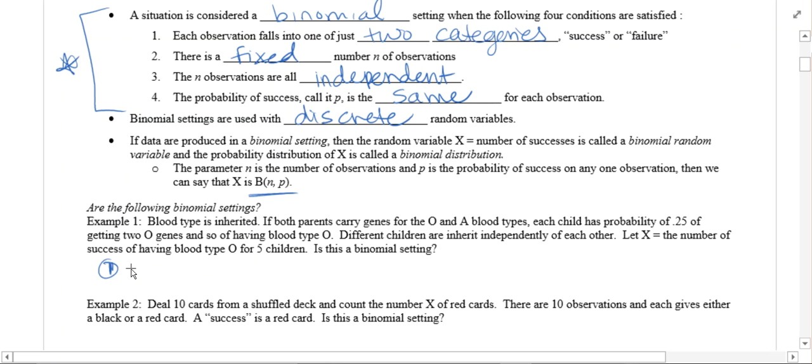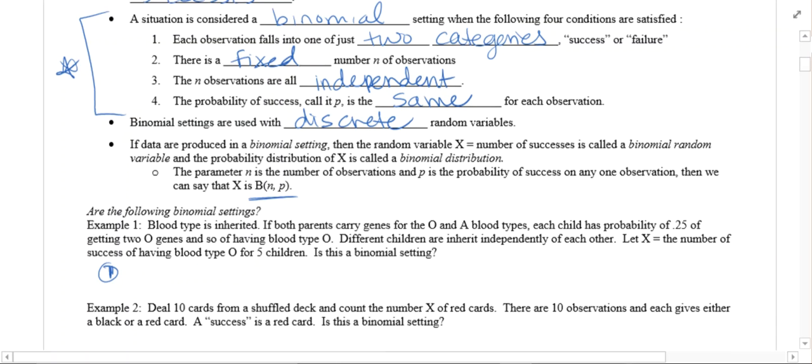Okay, so they either have blood type O or not. Okay, we don't care what other type, we just know they either have O or not. Is there a fixed number of observations? Do we know, in this case, we're talking about kids, how many kids there are total? So yes, it tells us there's 5 children. So yes, 5 children, 5 outcomes is what we're looking at.